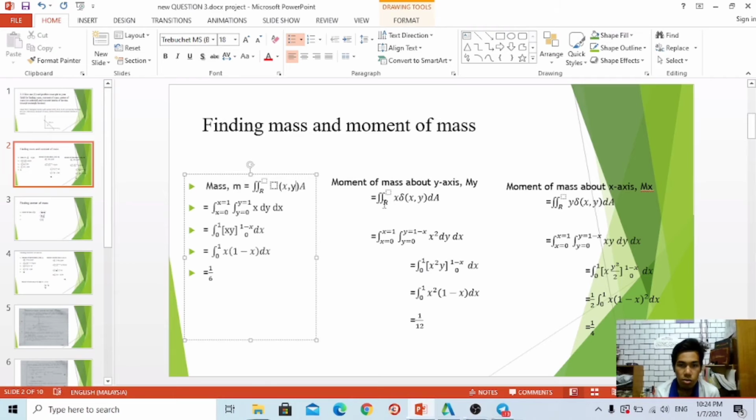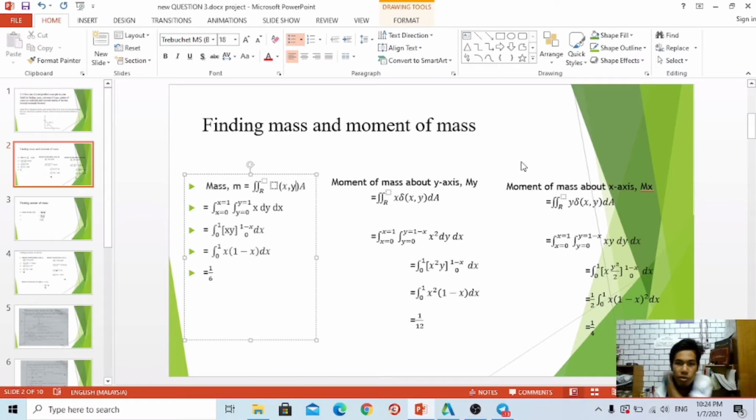First step, we need the formula: double integral of x delta(x, y) dA equals the integral from x equals 0 to 1, y equals 0 to 1 minus x, of x squared dy dx, which equals the integral from 0 to 1 of x squared y from 0 to 1 minus x dx, which is the integral from 0 to 1 of x squared(1 minus x) dx. And we got the answer 1 over 12.